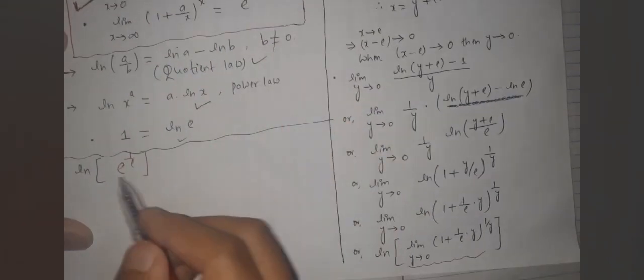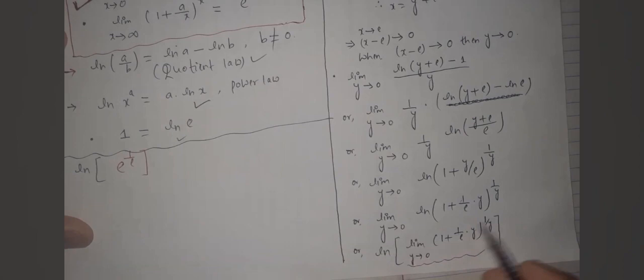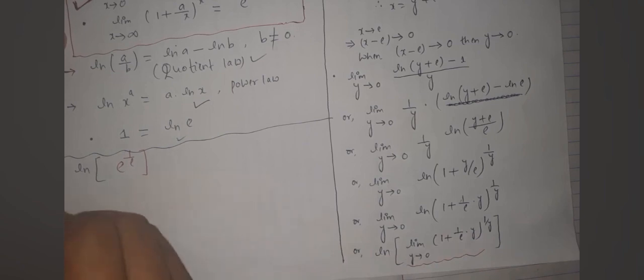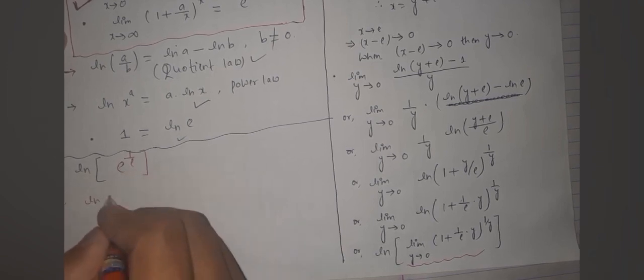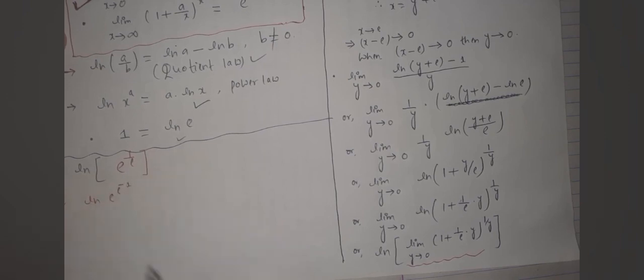Here we do the same on these expressions: e to the power of the coefficient of y, which is 1 over e. So let's do some simplifications. This can be written as ln of e to the power negative 1.